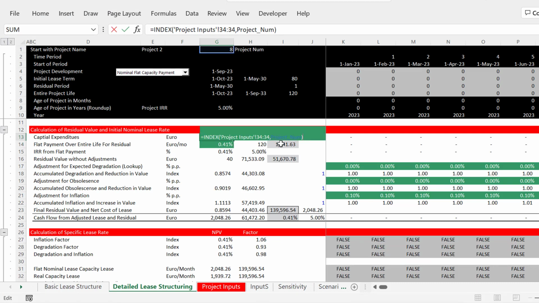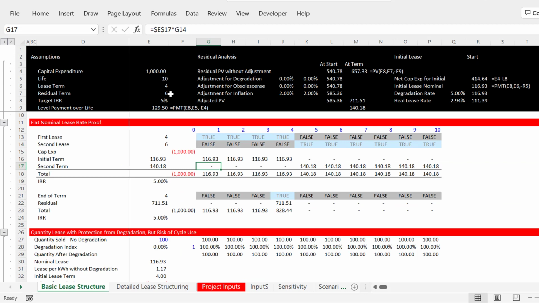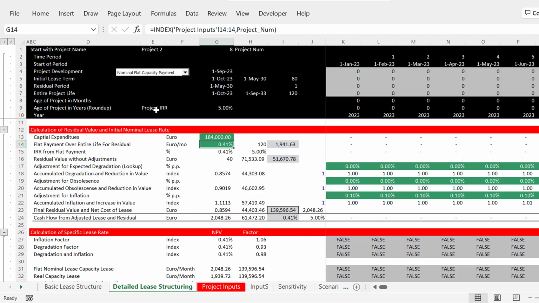The first thing I said is, let's get the flat payment over the whole life. Just like we did with this one, we started with a flat payment and took the PMT over the entire life. That life depends on the number of cycles, which will get a little more interesting and a little tougher.